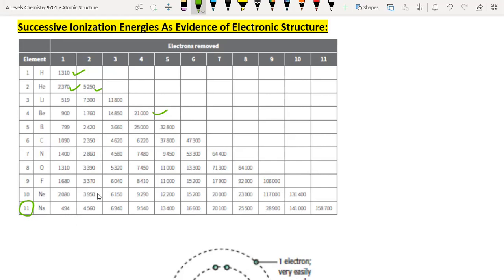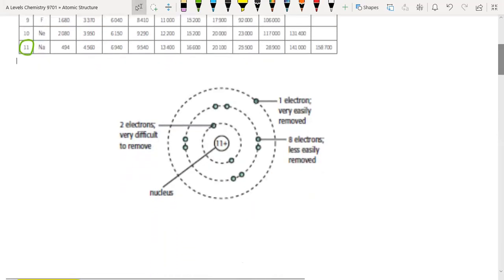But how can we guess the electronic arrangement in the shells of the atom around the nucleus? This can be judged by the energy difference between the ionization energies of successive loss of electrons.